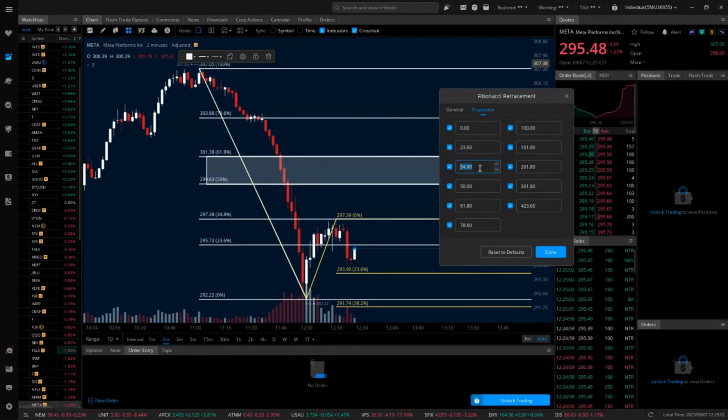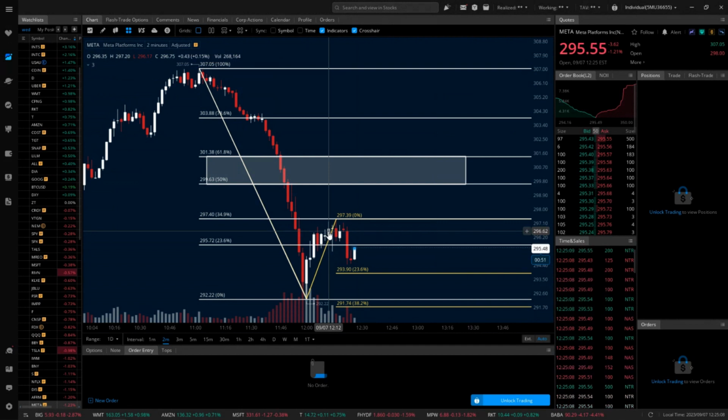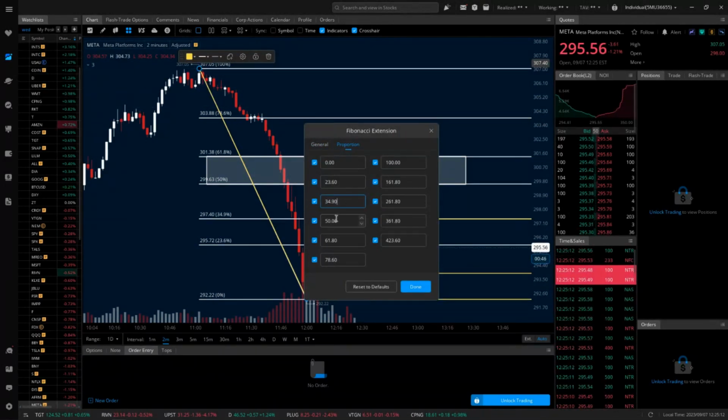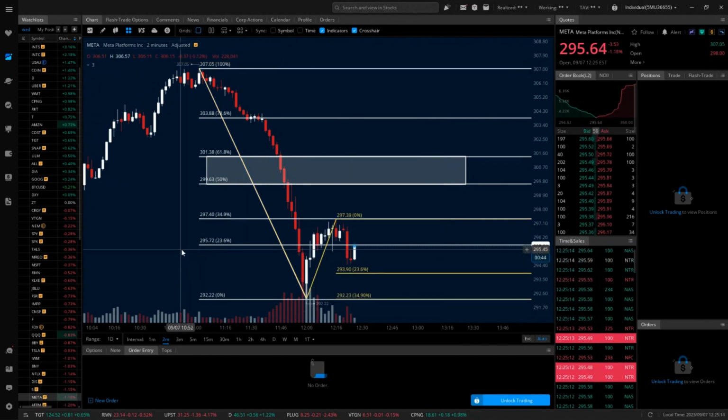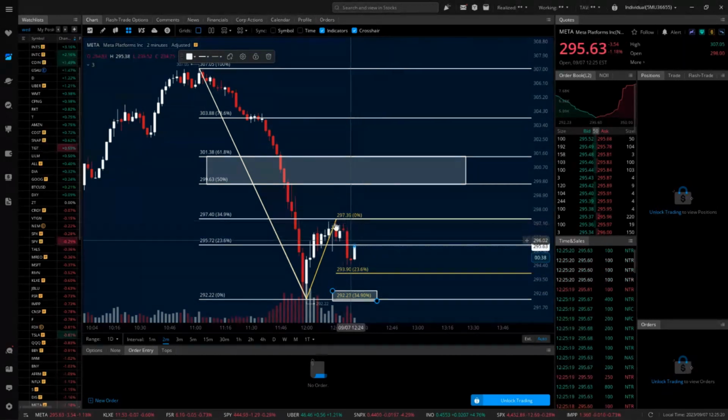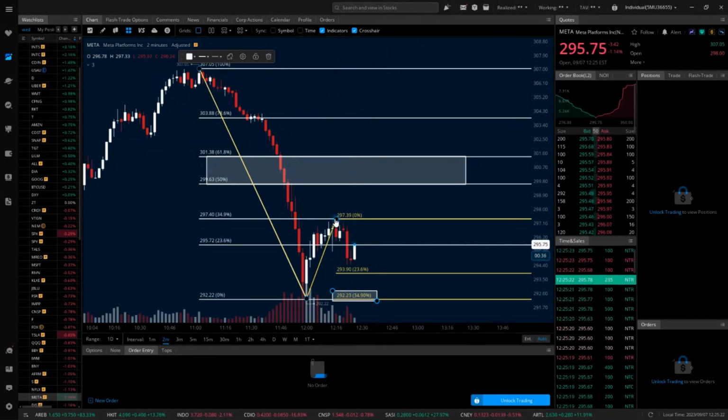In this case, it's going to be 34.9%. So if I move a level on the proportion tool for that, we can see that my target should be right here at this low. 292.23 should be the target for continuation if this high of the pullback holds.